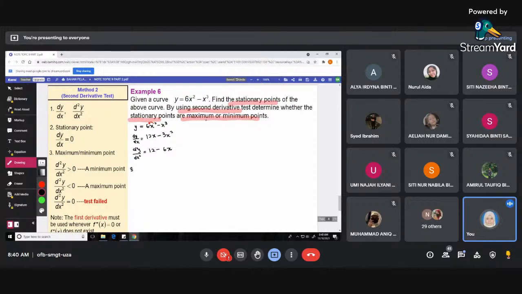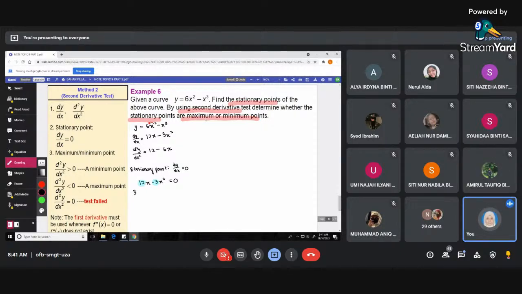Kemudian kita nak cari stationary point, tulis perkataan stationary point. Okay, macam mana cari stationary point? Dy dx equals to 0. Ya, okay. Ambil balik dy dx awak di sini. 12x tolak 3x kuasa 2 equal to 0. Sama macam tadi, kita nak factorize. 12 dengan 3, apa yang sama? 3.